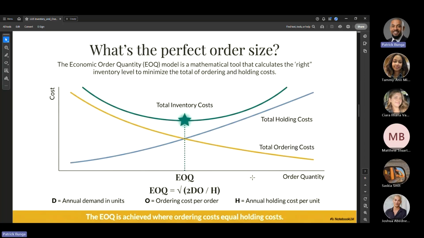Right? So we have a particular demand. We need a certain quantity of inventory or stock. That's our demand. So we are buying from our suppliers. We need a certain quantity because our production demands a number of units of a particular product.